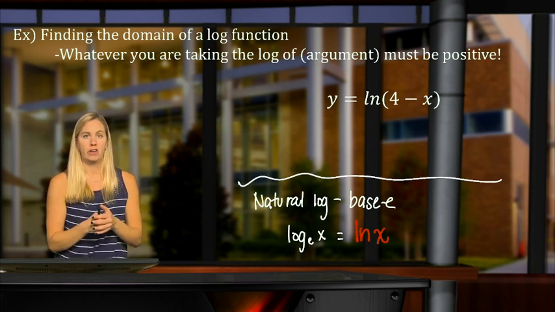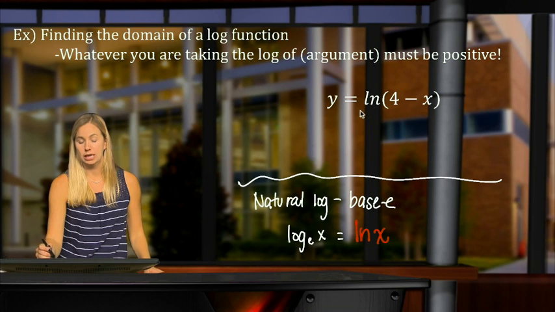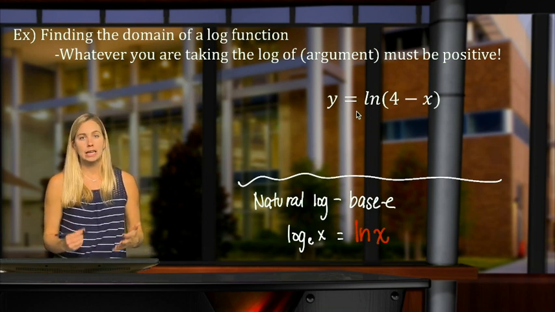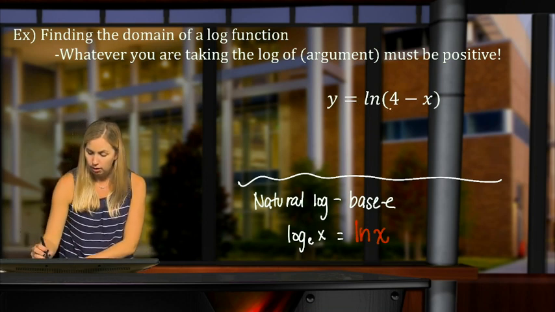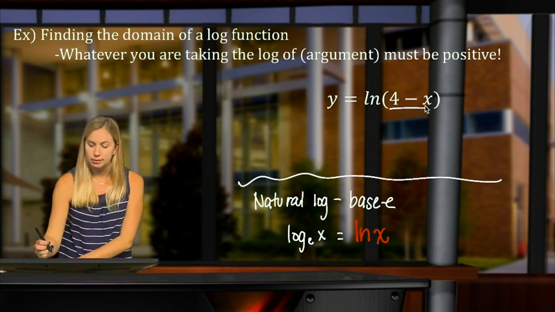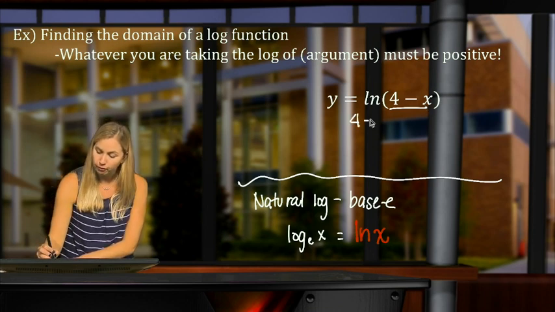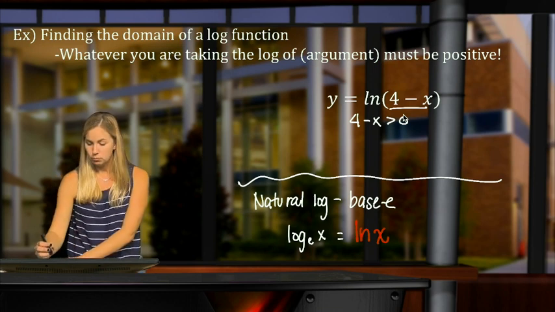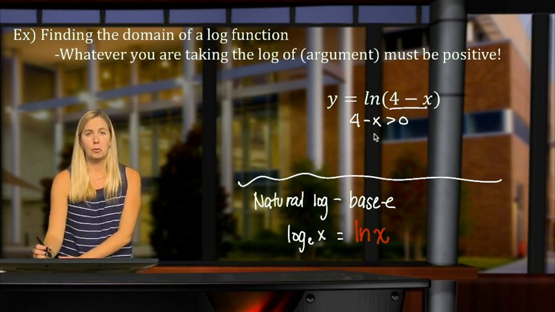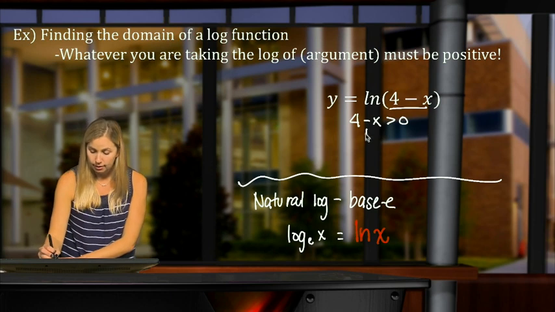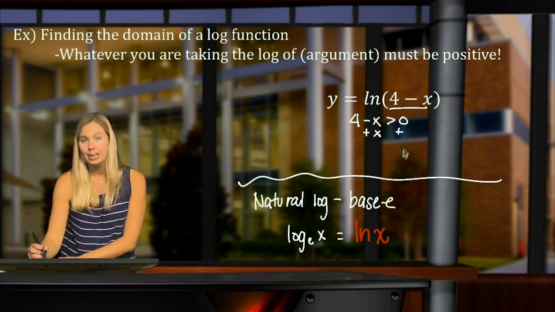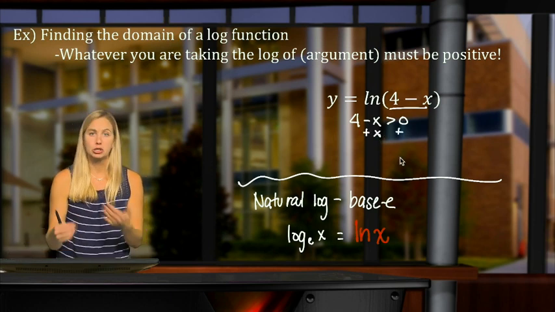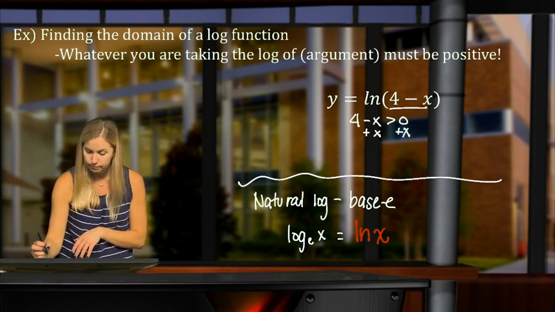So when we're trying to find the domain of a log function that uses natural log, we use that same principle that our argument must be positive. So for this example, 4 minus x must be greater than 0. Now we can either subtract 4 or add x to both sides. I like to add x because then I don't have a negative on x, and I don't have to remember to flip the inequality symbol.